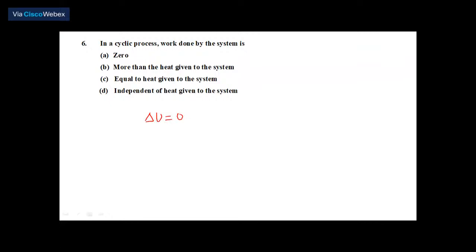Delta U is equal to 0. Now we'll write the equation. Delta Q is equal to delta U plus delta W from the first law of thermodynamics. But delta U is 0. Therefore, delta Q is equal to delta W. Which option is correct? Work done by the system is equal to heat given to the system. Option C is correct.